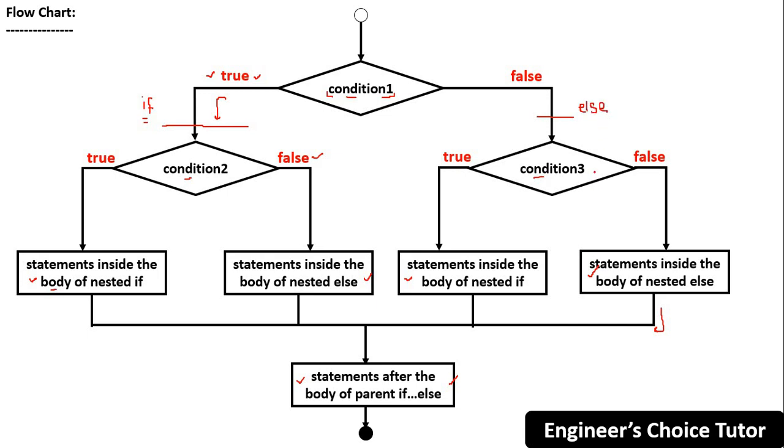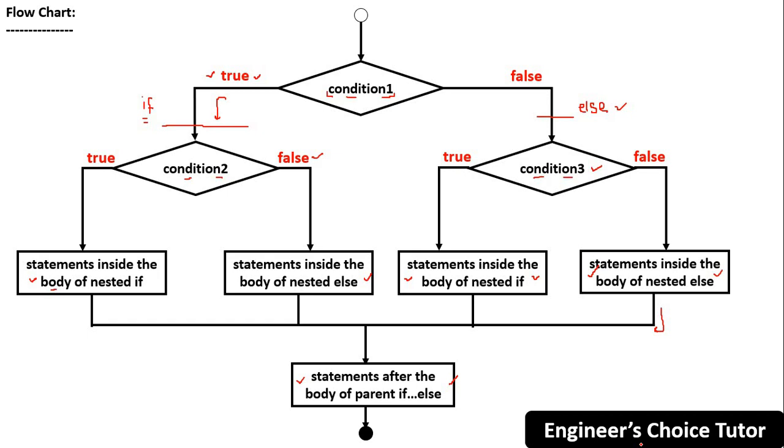Whatever condition 3 and statements we have there is the nested if-else. This condition 3 is for the nested if present in the else block, and this condition 2 is for the nested if present in the if block. Hope this flowchart is pretty much clear to you.